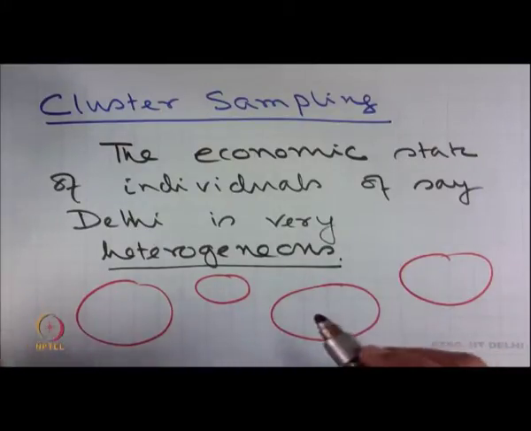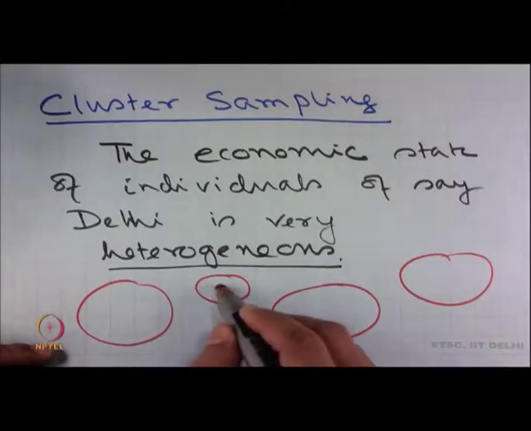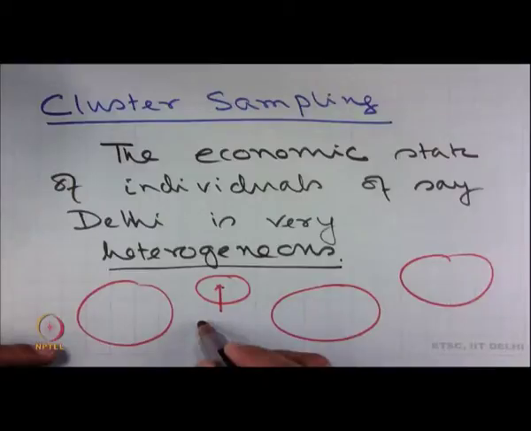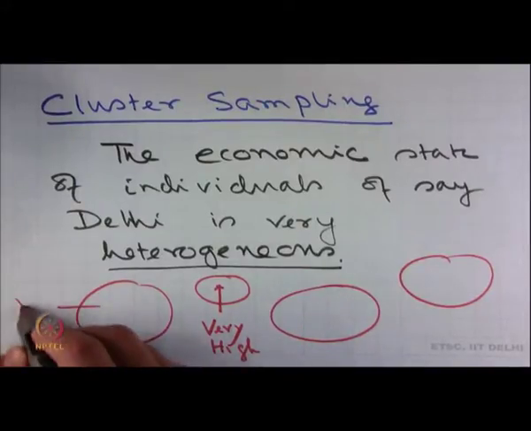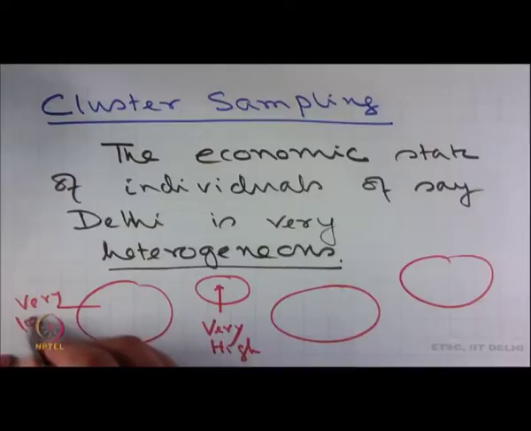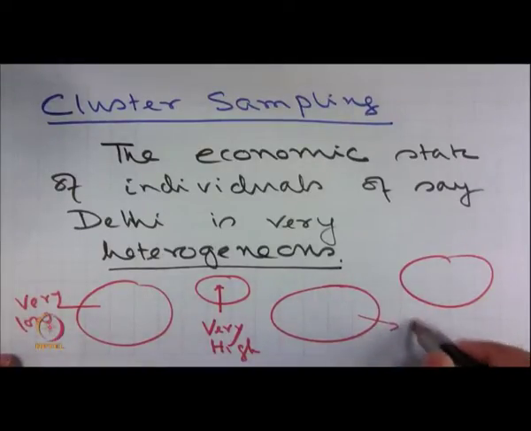in nature. Say for example, this may be a cluster of people with very high income, this may be a cluster of very low income, this may be a cluster of say middle level income.